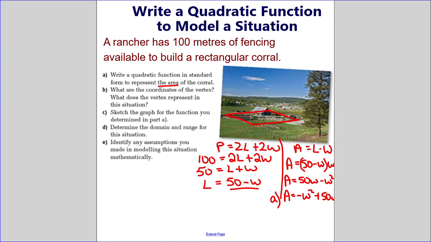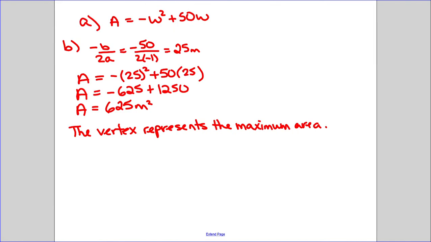Then sketch the graph for the function you determined in part A. So now a sketch for this graph. I could jump up by quite a bit here because I have to get up to 625, so maybe jump by hundreds.